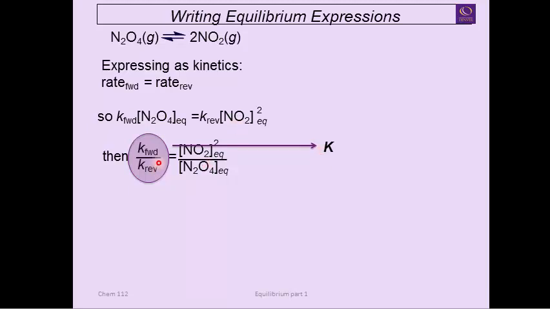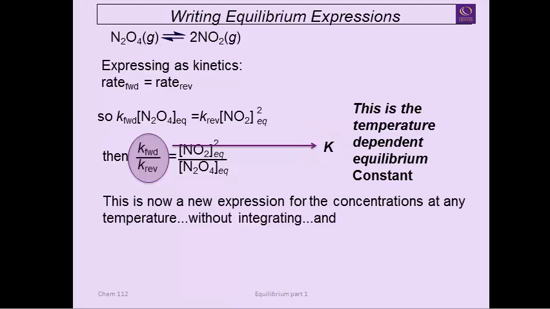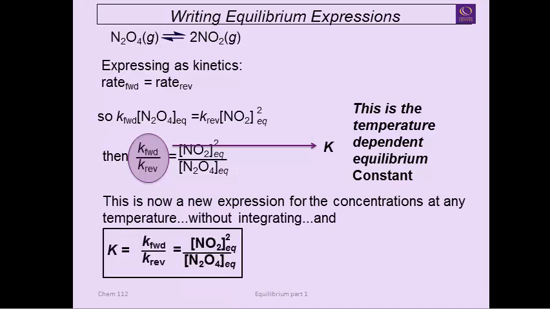And notice here's the key, that's the difference between rate, which is small k. When you're talking about equilibrium, this is just about concentration, you're using the large K. This is a temperature-dependent equilibrium constant. This is now a new expression for the concentrations at any temperature without integrating.